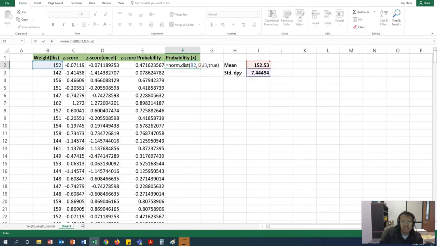Here also we need to go for the same thing. You can see that the z-score probability for x value 152 is the same as the probability that we got over here.